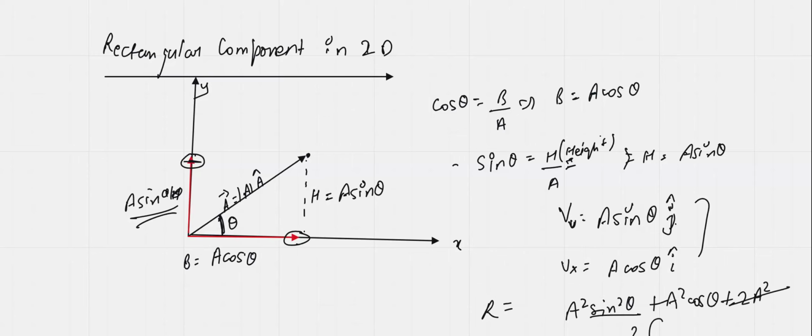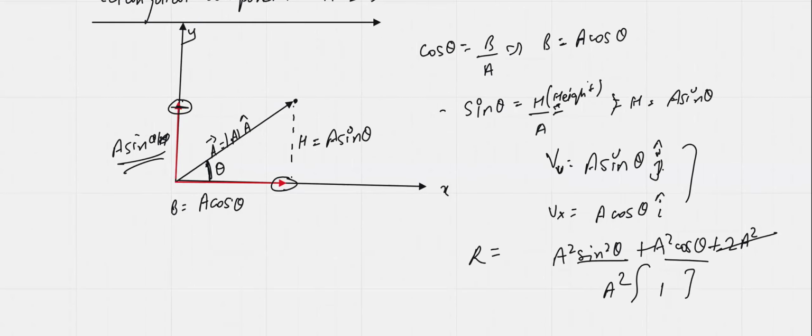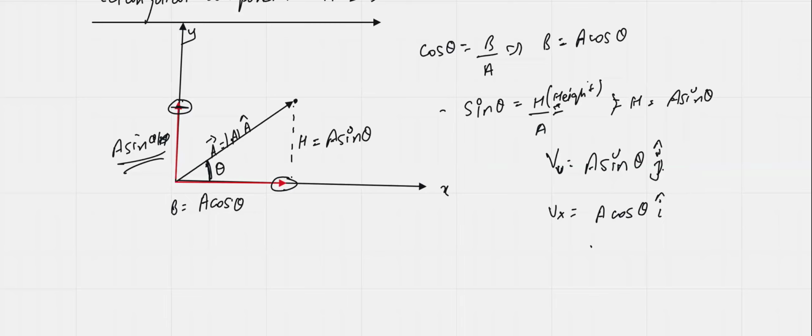Sine square theta plus cos square theta will result to 1. So at the end of the day, you have got R equals a itself. From where you started, you have ended up here. It is not needed because you already know the thing. It's because we are not given our vectors in i and j form, so we can use this method. Okay. Is that clear?